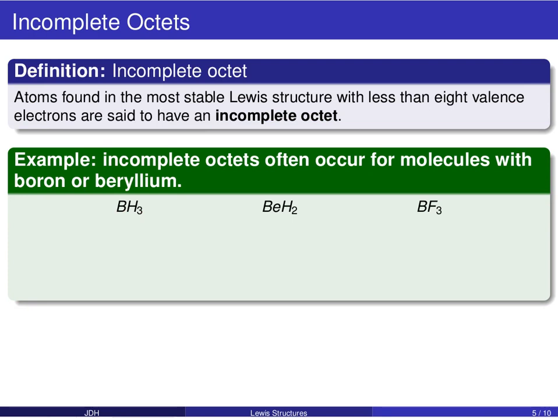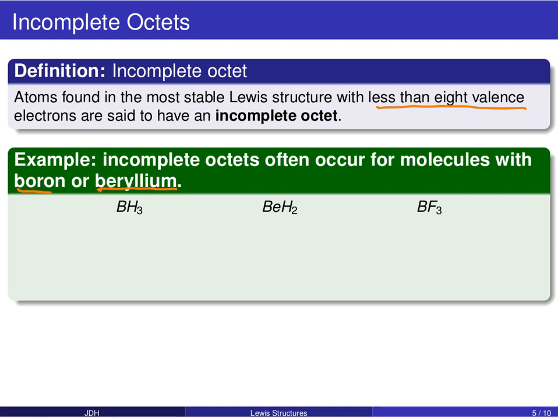So the first thing we're going to look at here is this idea of an incomplete octet. The definition of an incomplete octet is basically any situation where you end up with a stable Lewis structure that has less than 8 valence electrons around one of the atoms. It turns out that this does happen relatively frequently. The good news, though, is that most of these exceptions are centered around boron and beryllium.